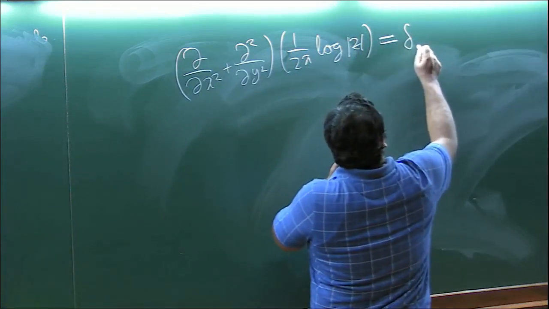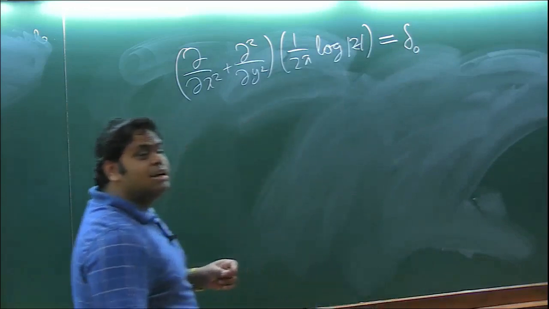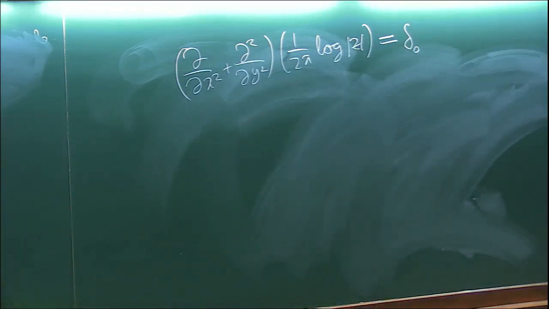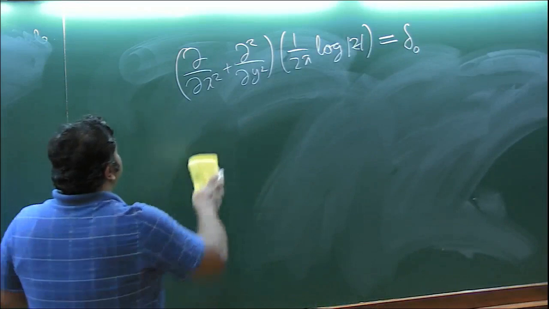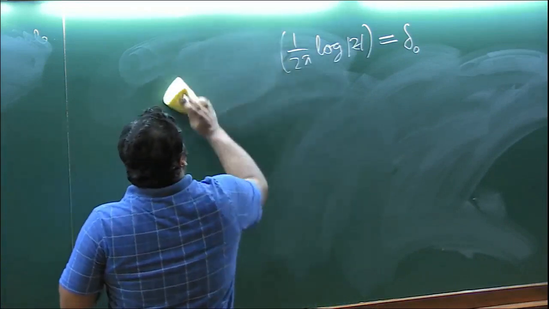This can, of course, be proved in several different ways. There are also physical arguments starting from Coulomb's law that show that. But this we know how to represent in terms of the z-bar operator.